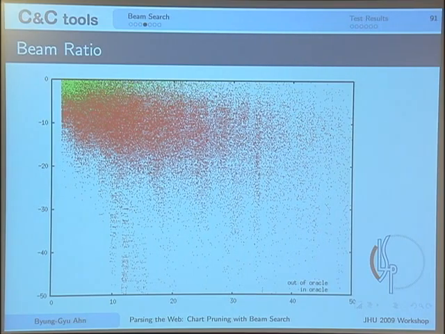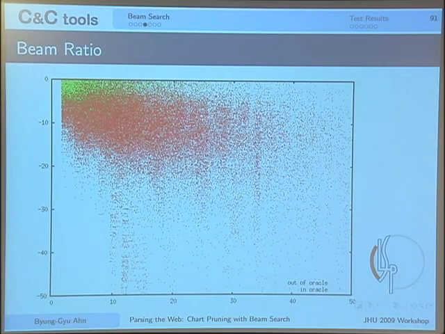The red dots here are the constituents in the chart, and the green dots are the constituents that end up being in the gold standard oracle. So they are what we want to get finally. There are so many red dots here, so what we want to do is eliminate as many red dots as possible without eliminating many green dots.